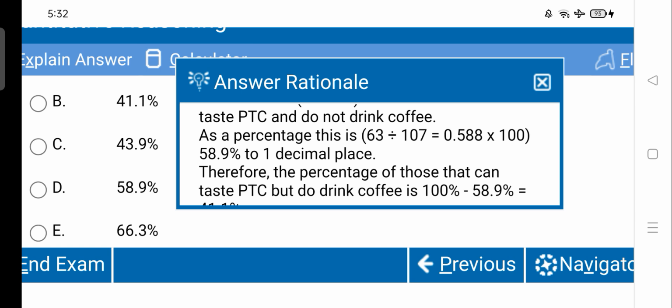As a percentage, this is 63 divided by 107 equals 0.588, multiplied by 100, 58.9% to one decimal place.